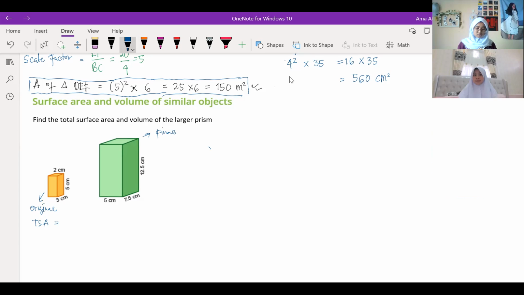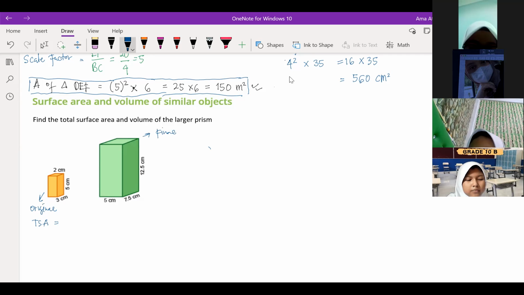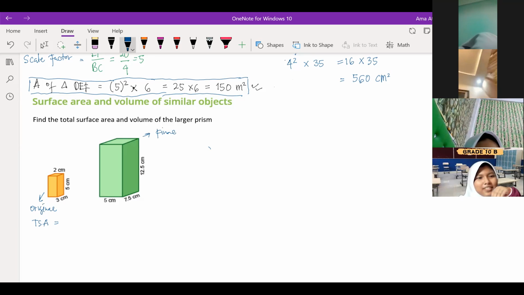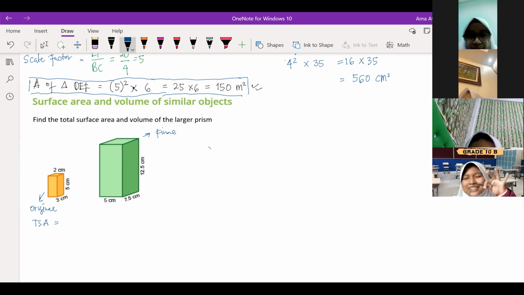Talita, do you know the formula of total surface area? What length? Wait.